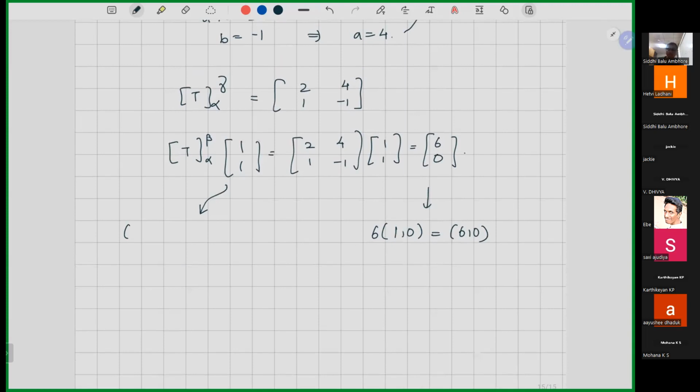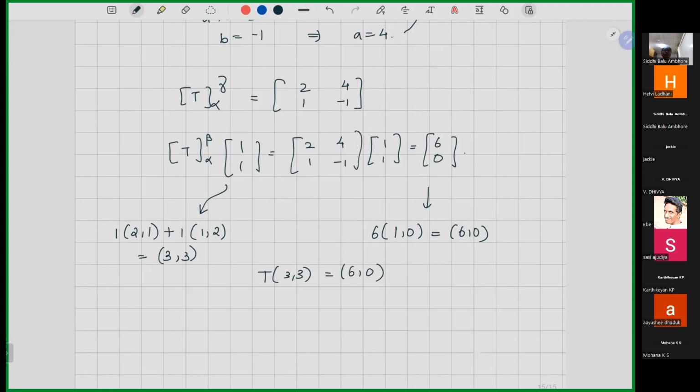When I write this 1, 1, it corresponds to the element 2 comma 1 plus 1 into 1 comma 2, which is 3 comma 3. And T of 3 comma 3 is actually 6 comma 0. So this is what this linear transformation matrix actually represents.